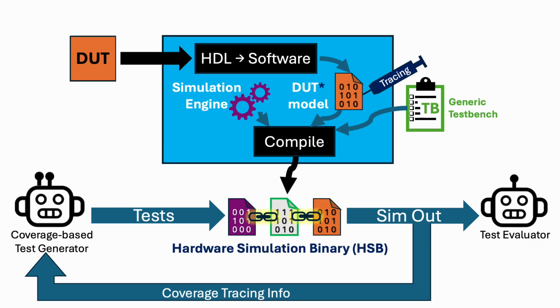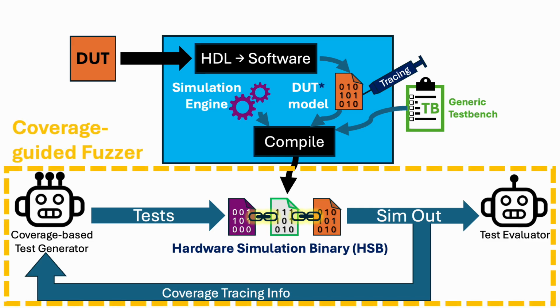So if we clean up this first part, you can see we have this block that is turning a design under test into a hardware simulation binary with very little intervention. And then once it's a hardware simulation binary, since that's all software, it can interact with a normal software coverage-guided fuzzer.